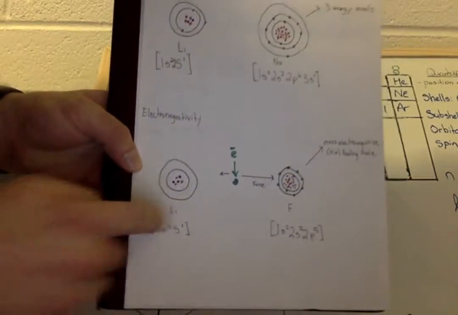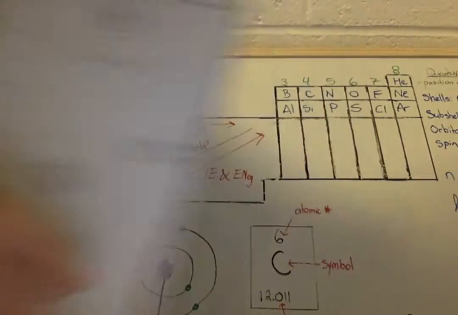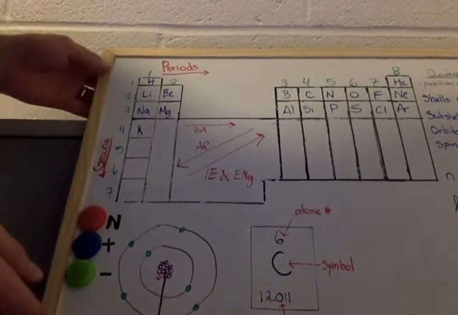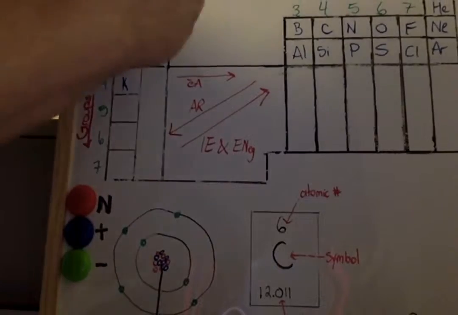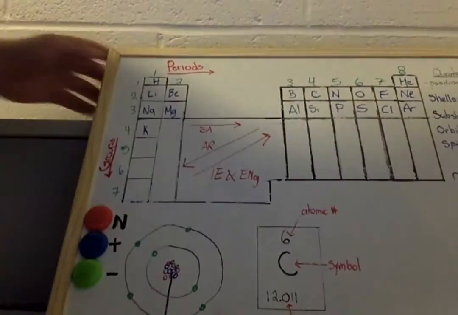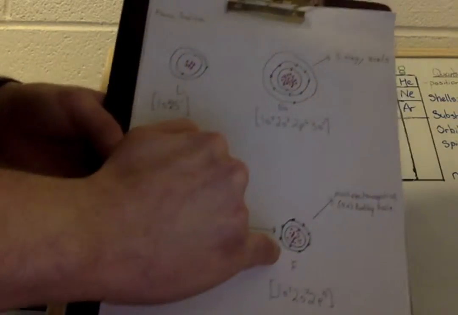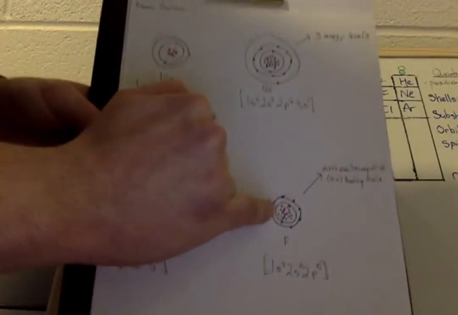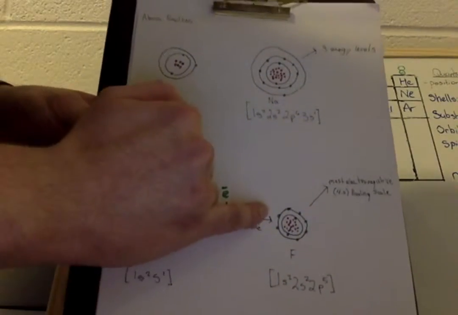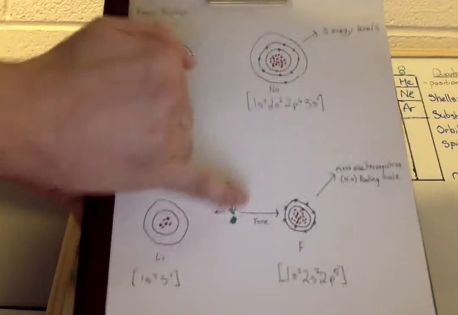here we have lithium and here we have fluorine. Now lithium and fluorine are both found in group 2 on the periodic table. However, fluorine, since it's in period 7, has 7 valence electrons, which means electrons in its outermost ring.